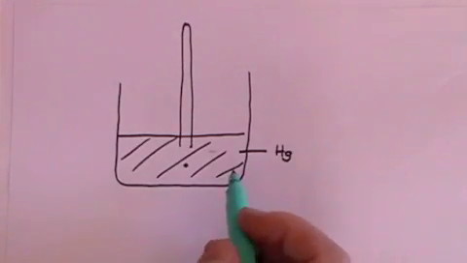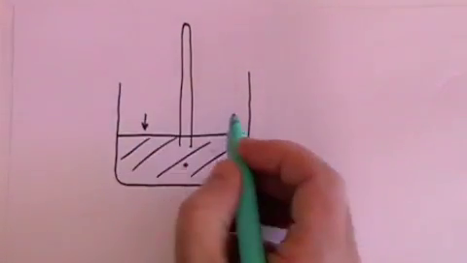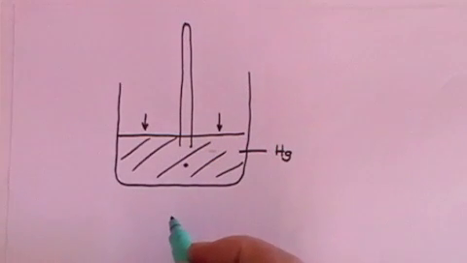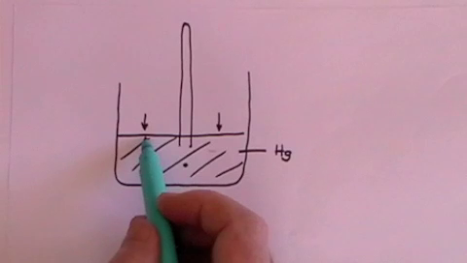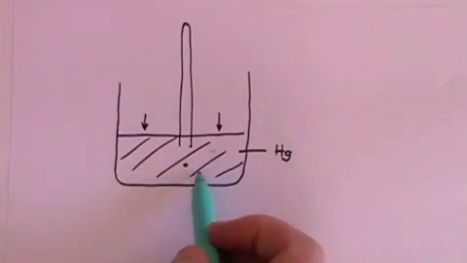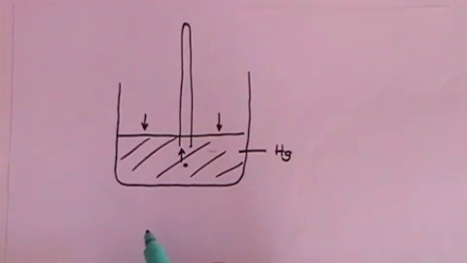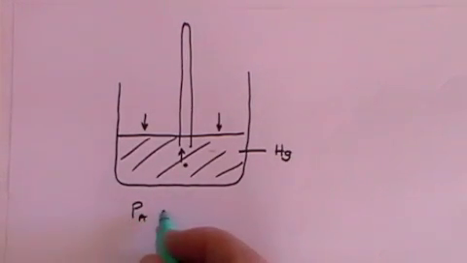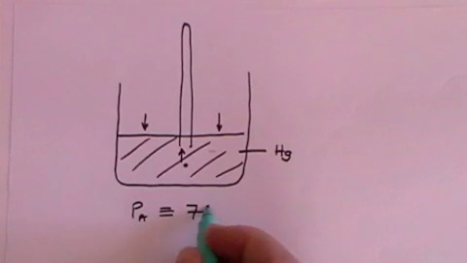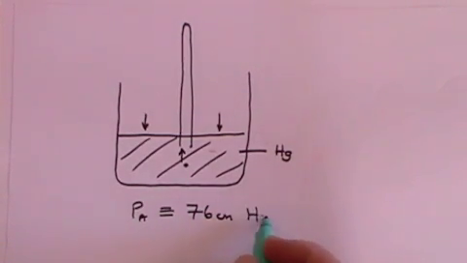What will happen? Well, we've got atmospheric pressure bearing down on the surface of the fluid, and that atmospheric pressure is transmitted through the fluid and is also pushing up here. And you'll remember that we said earlier that the atmospheric pressure was the equivalent of 76 centimeters of mercury.